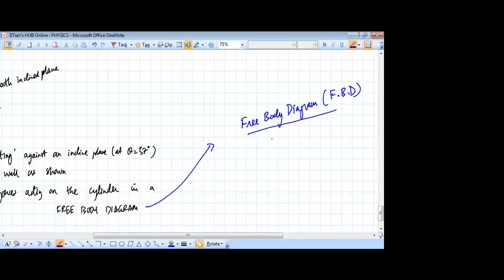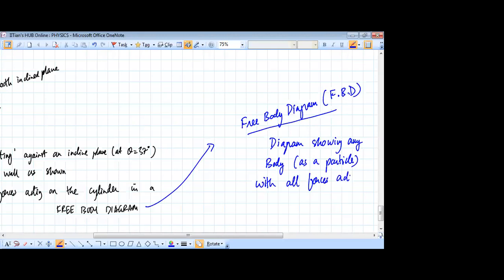So this is a diagram showing any body as a particle, okay, with all forces acting on it as vector arrows.